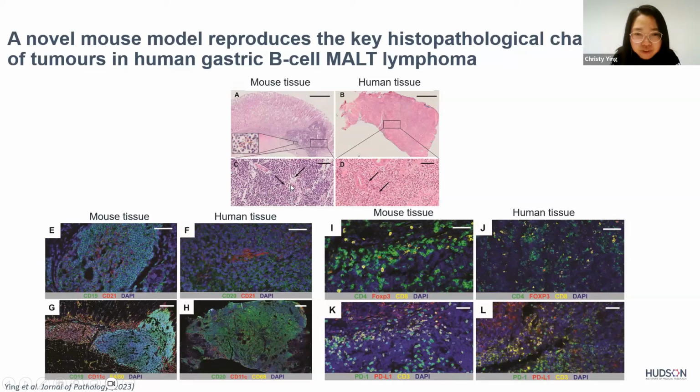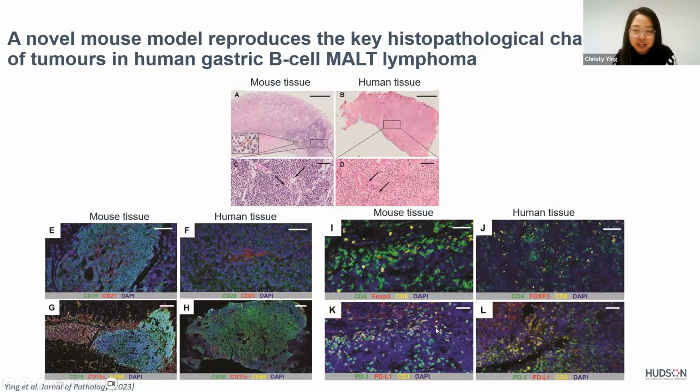So we further asked whether this mouse model could have a similar tumor microenvironment as human. So we applied various markers, and we found actually it is quite similar, and our mouse model could recapture the key features of the human gastric B-cell lymphoma.